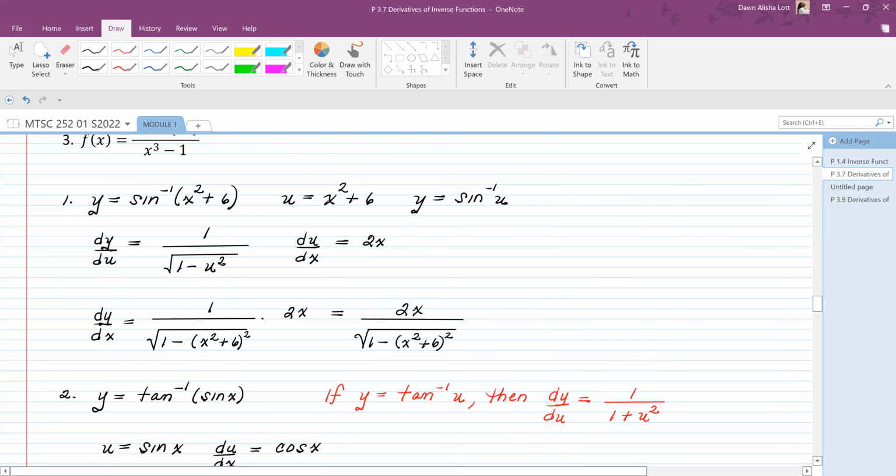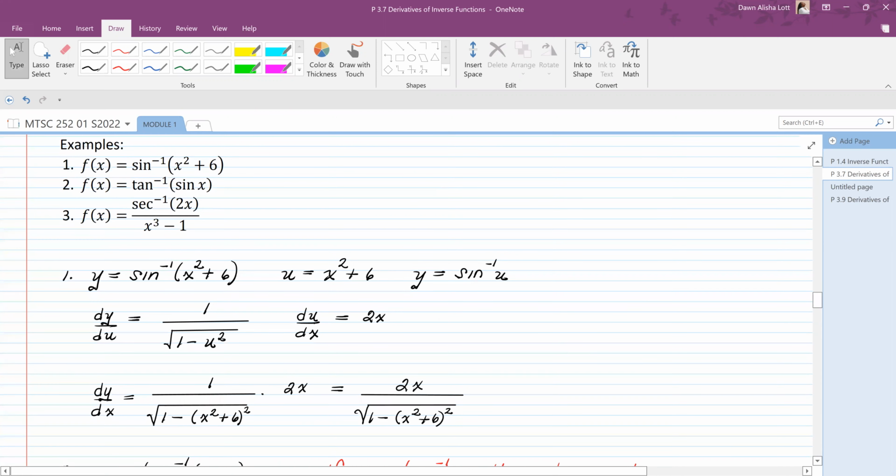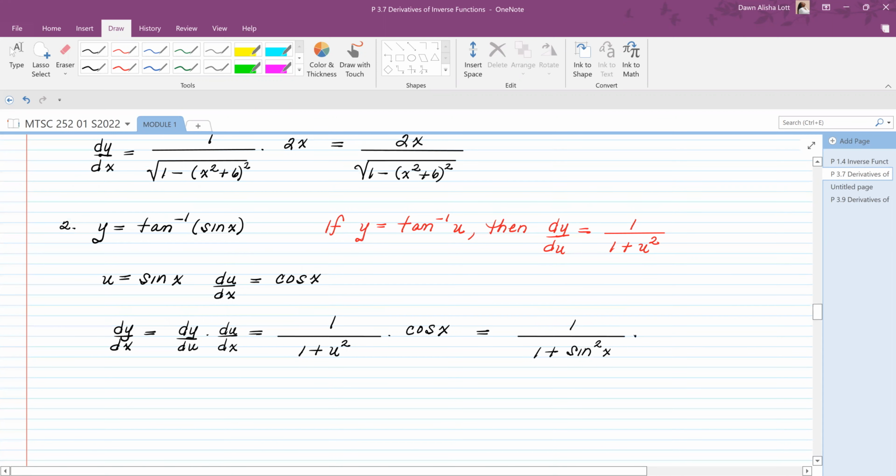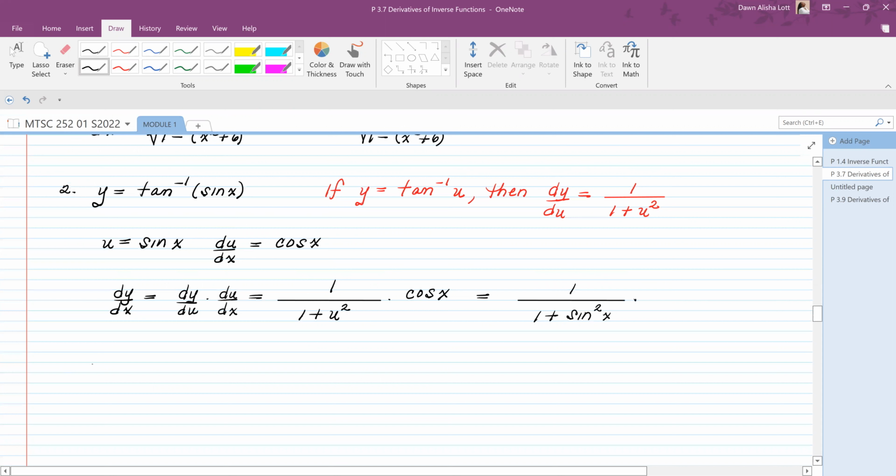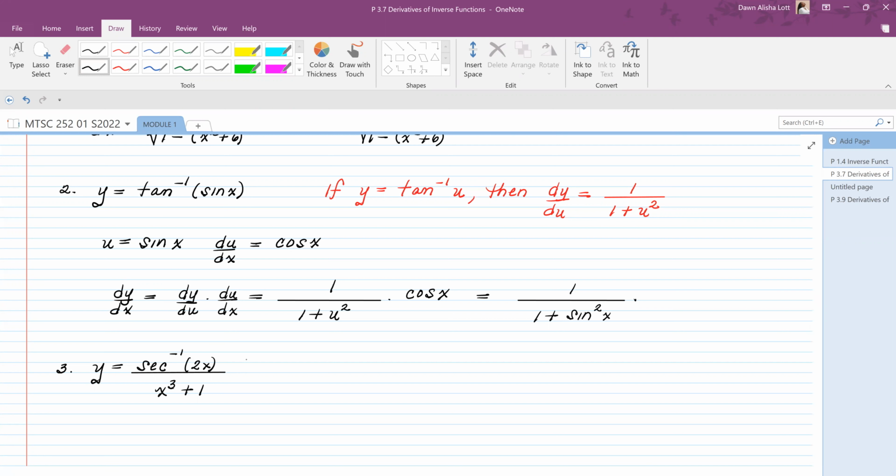Okay, one more, it's pretty nasty. The secant inverse of 2x over x cubed minus 1. So what rule do I need to use here? Is it the quotient rule?